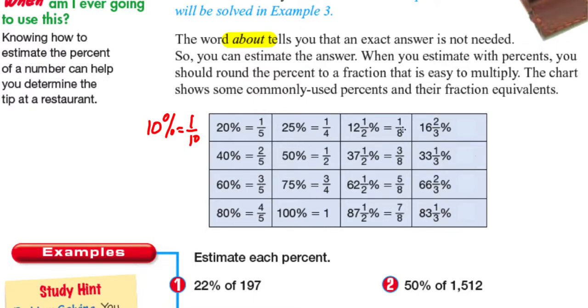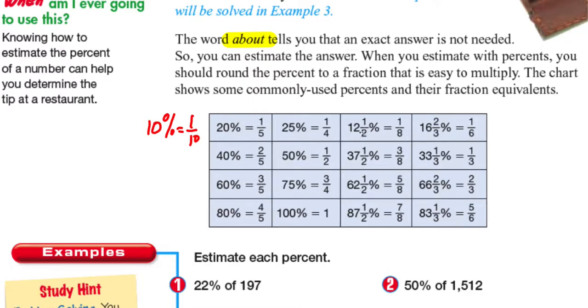So you need to memorize all of this. 16 and 2/3% is equivalent to 1/6. 33 and 1/3% is equivalent to 1/3. 66 and 2/3% is equivalent to 2/3, and 83 and 1/3% is equivalent to 5/6.